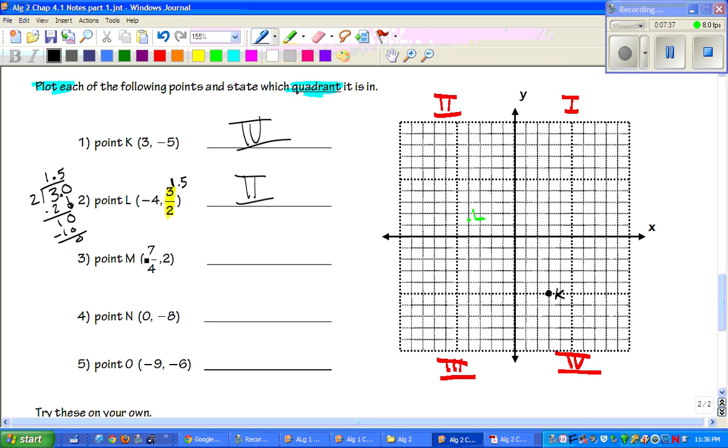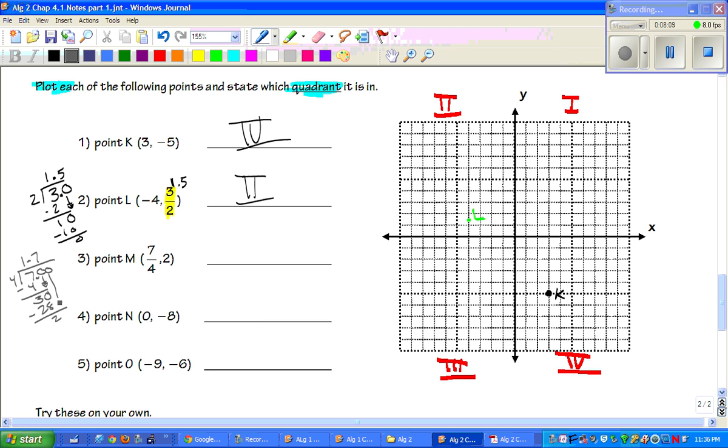All right, point M. Ooh, another fraction, 7 over 4. So we're going to do the same thing. 7 goes inside. There's the 4. 4 goes into 7 1 time. Subtract. Add the decimal. Bring it down. 4 goes into 30. I'd say 7 times, which gives you 28.